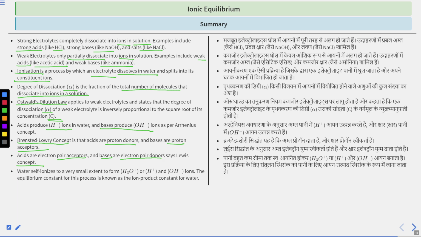And lastly, water self-ionizes to a very small extent to form H3O positive or H positive and OH minus ions. The equilibrium constant for this process is known as ion product constant for water. These are some major concepts which we have covered in today's lecture.